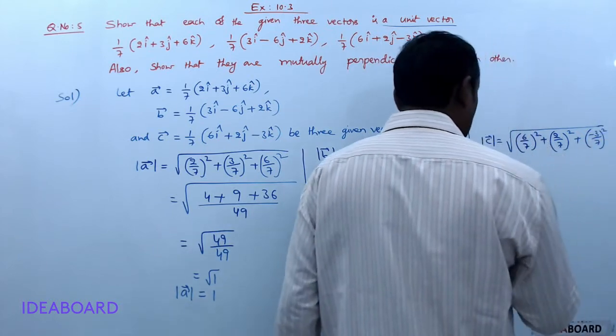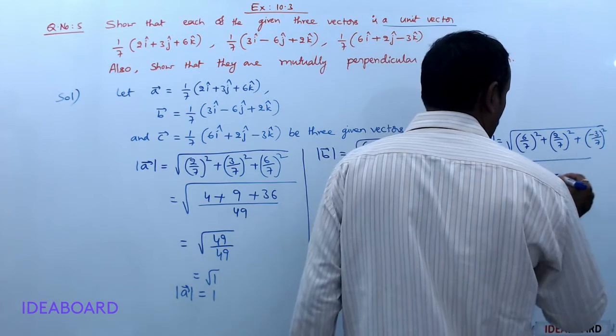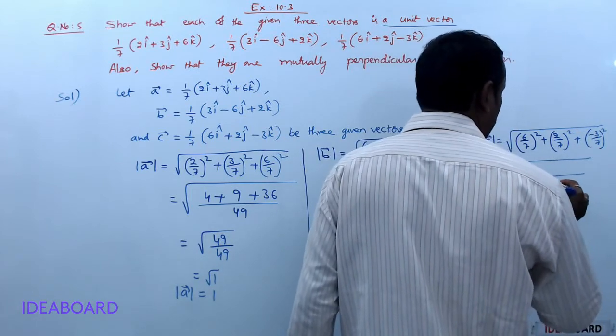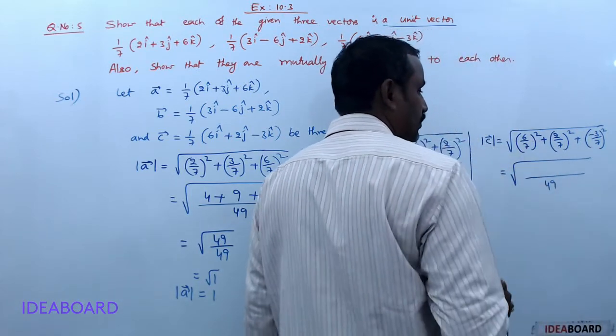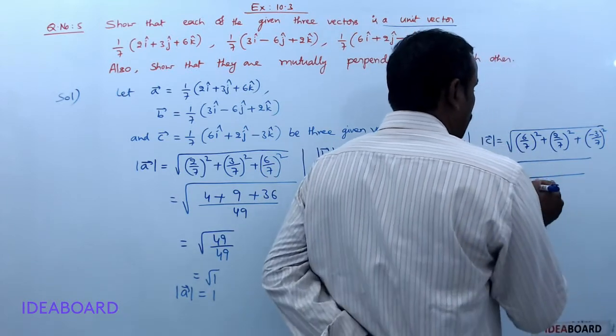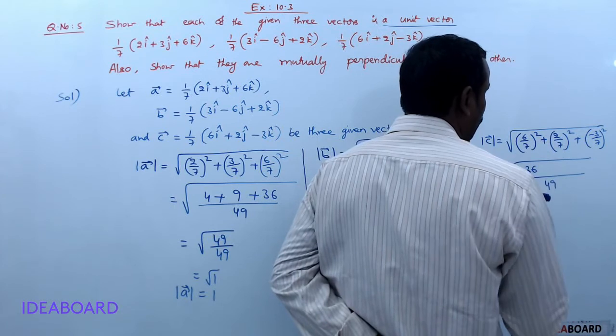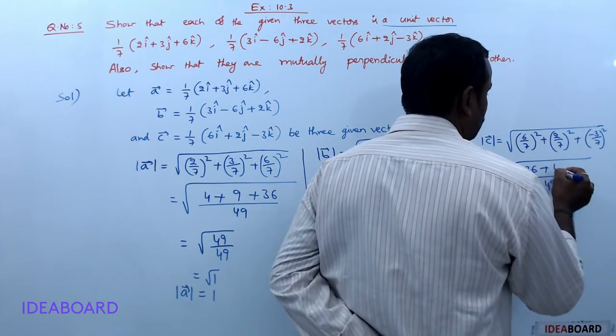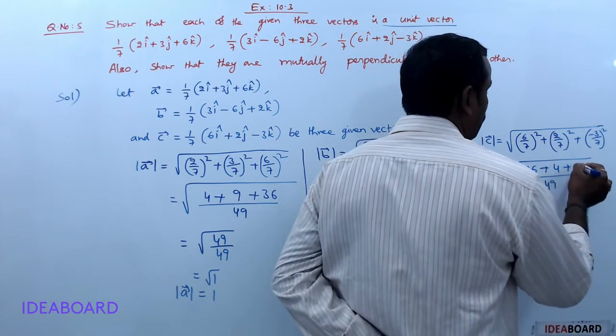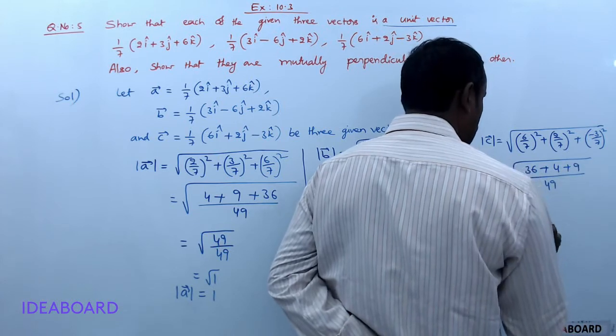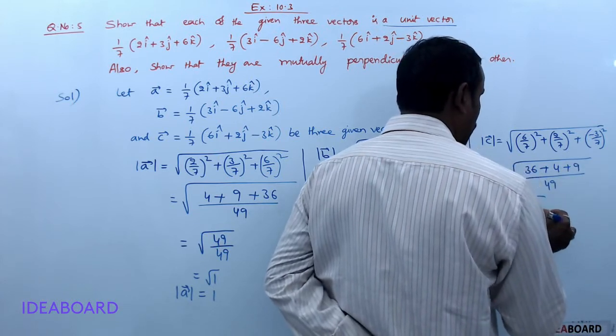So now what is the value you will get? Under root, the denominator is common like previous, so now this is root 49. The numerator values you can take: 36 plus 4 plus (minus 3) whole square is 9. So this is also square root of 49 by 49.